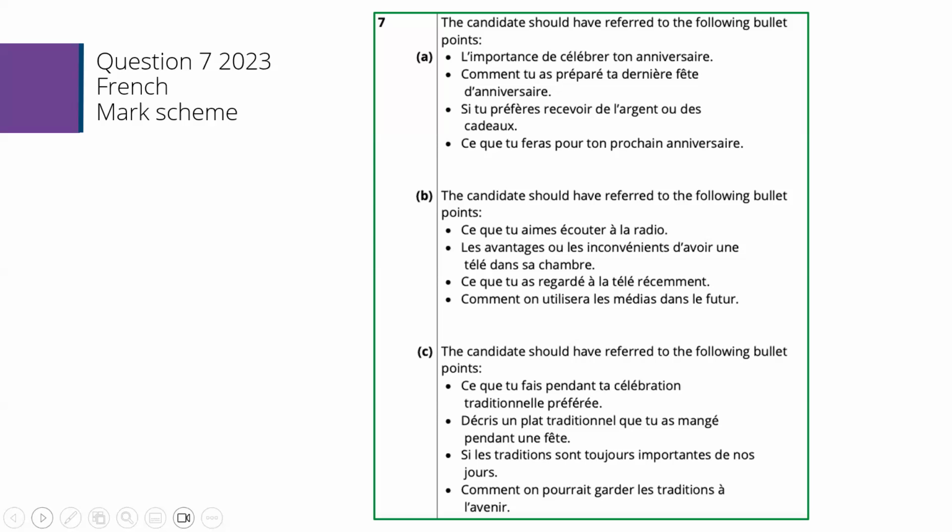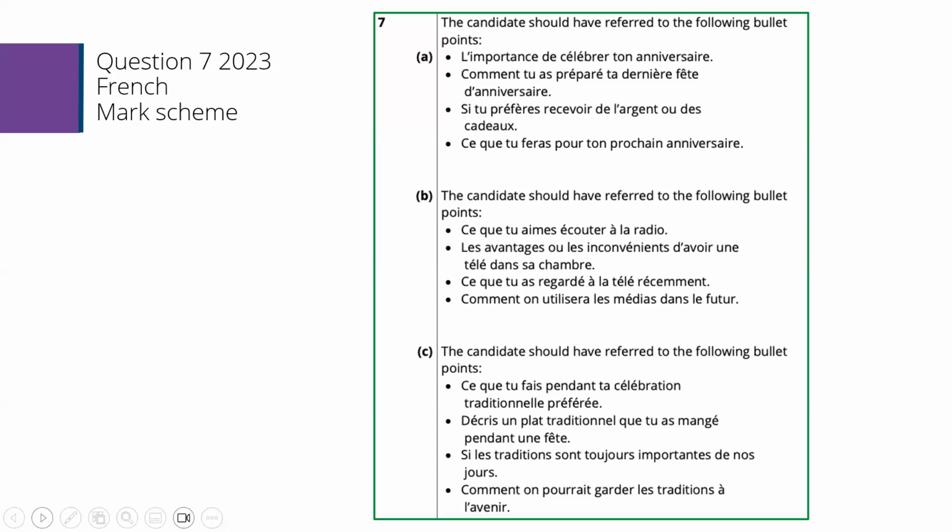If we think about demonstrating the use of that time frame, we might want to use different persons of the verb, a range of different verbs, and also different past tenses, for example a simple past and an imperfect, and we might even use things like the pluperfect if candidates can go there.